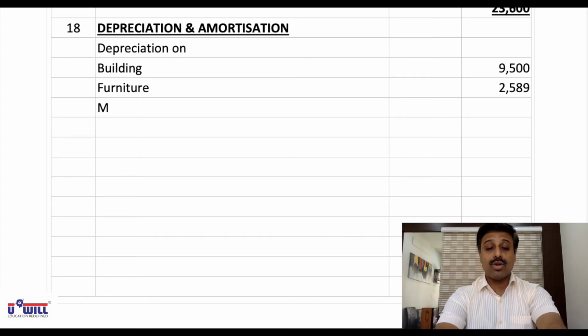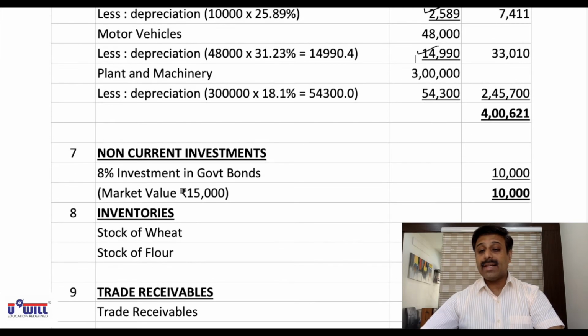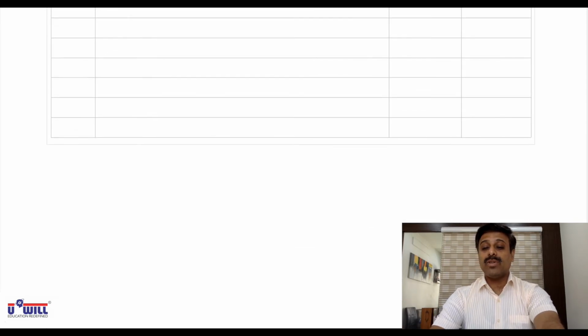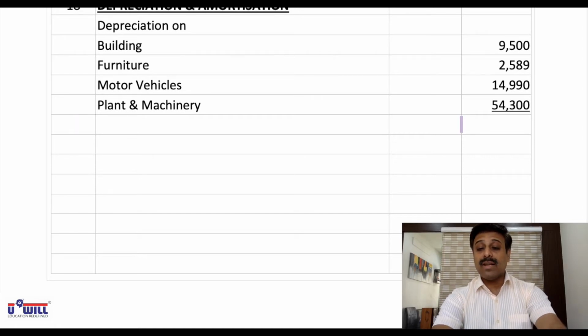Then depreciation on motor vehicles and depreciation on plant and machinery. Motor vehicles is 14,990 and plant and machinery 54,300.